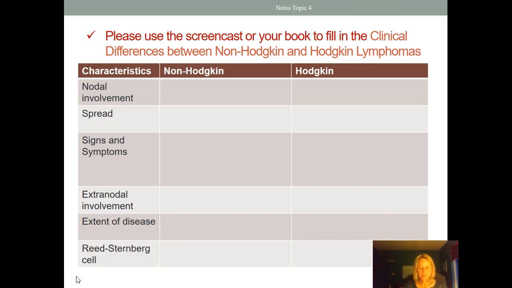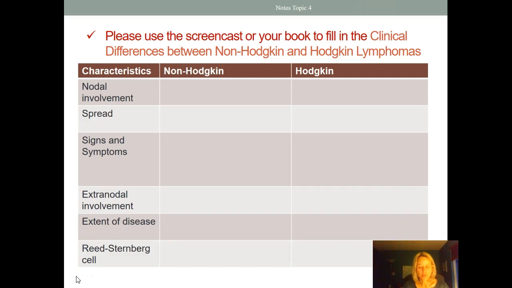Signs and symptoms of non-Hodgkin's include swollen lymph nodes, fever, night sweats, weight loss, increased susceptibility to infections. With Hodgkin's disease, signs and symptoms include enlarged lymph nodes above the diaphragm, cough, shortness of breath, fever, night sweats, weight loss, and itchy skin.